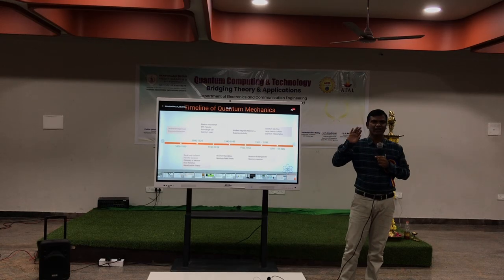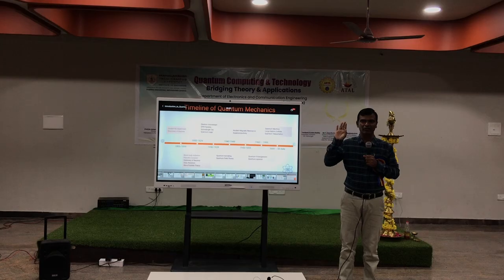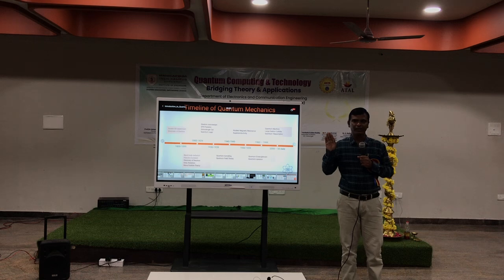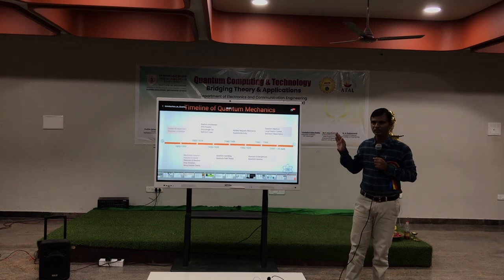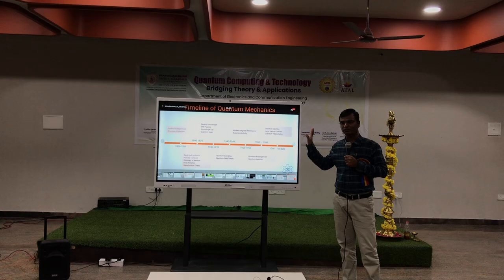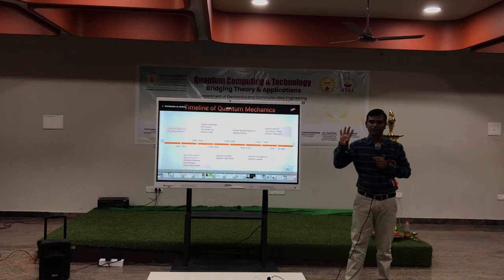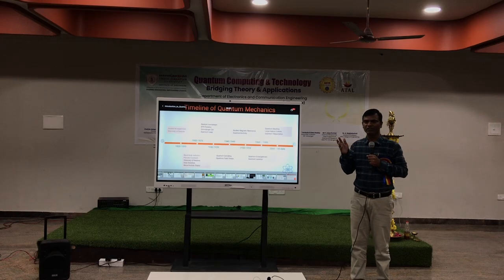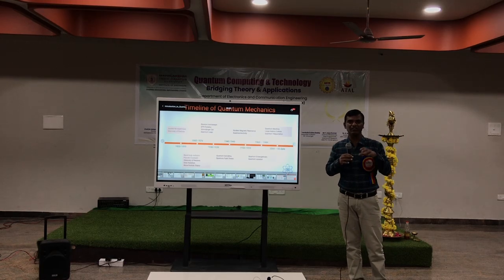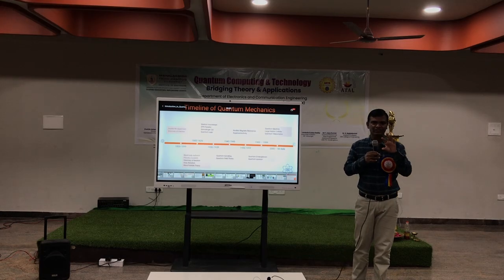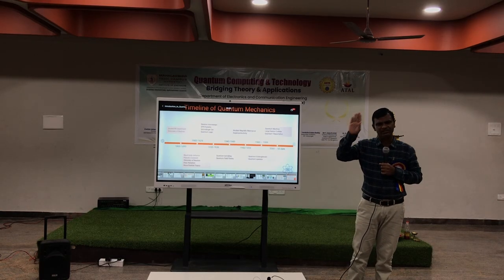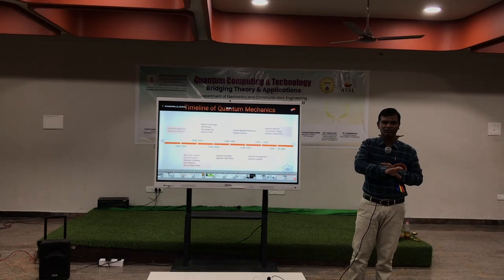All the AI problems can be solved using quantum. Here we call it a separate branch, QML. Just like ML, machine learning, we call it quantum machine learning. Whatever maths you learn there, the same maths we are going to use here.